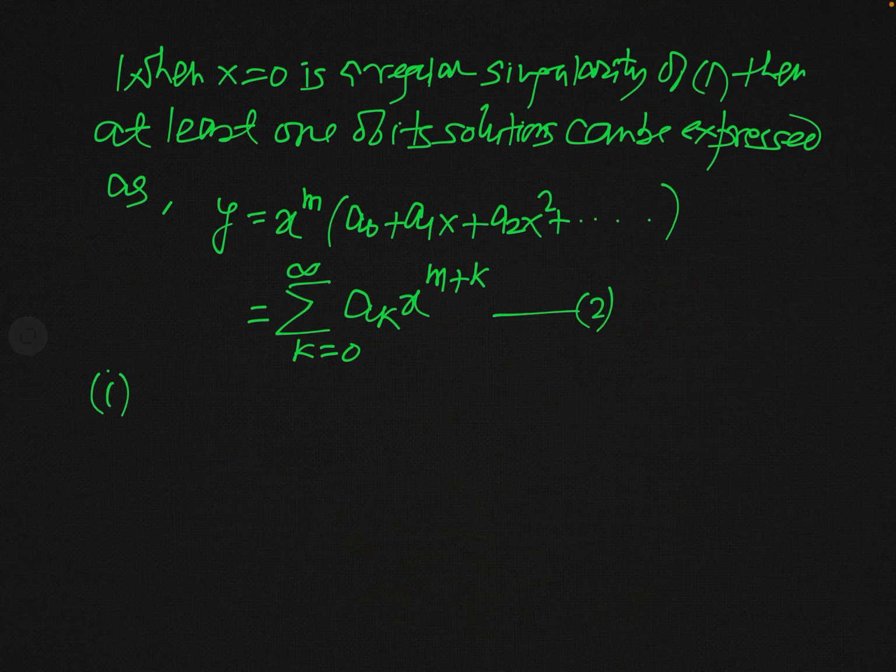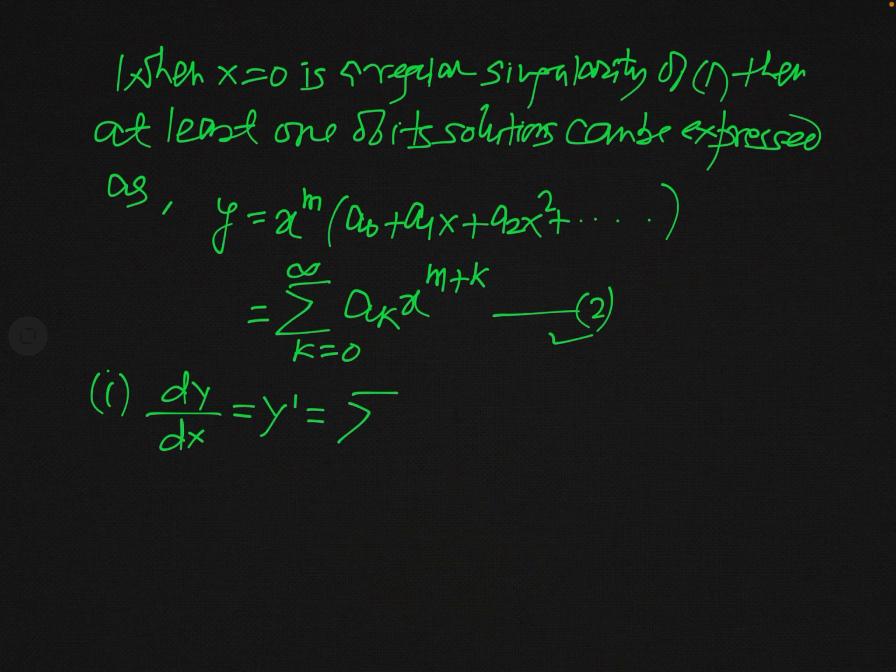First of all, we will have to find the derivative y prime and y double prime from this equation 2. So first of all, find dy by dx. You can see this equation 2, and from this equation we will find dy by dx. When you say dy by dx, it means y prime.